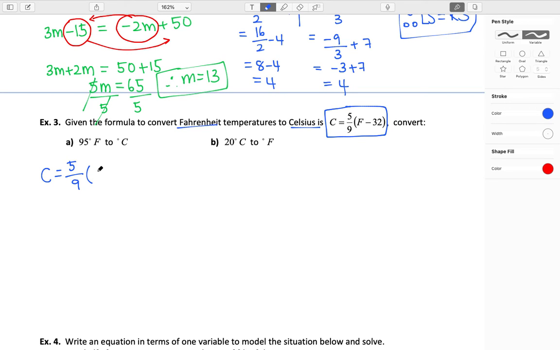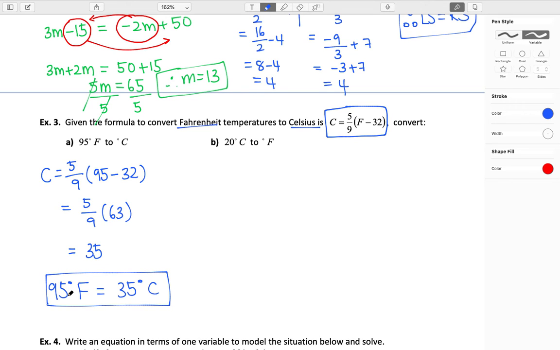So instead of writing F, I'm plugging in 95 minus 32. So you do your math using your calculator, which is 63. And then you're going to do 5 times 63 divided by 9. You will get 35. So what does that mean? So 95 Fahrenheit is equal to 35 Celsius.